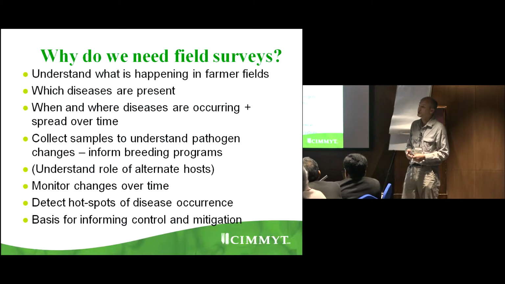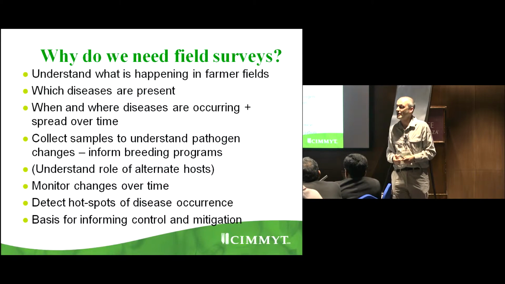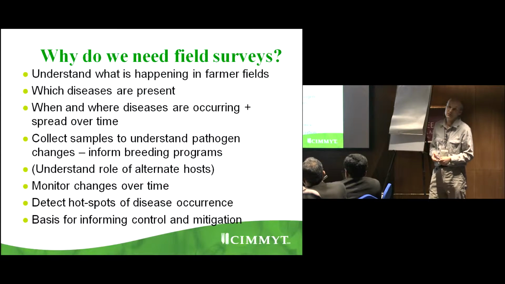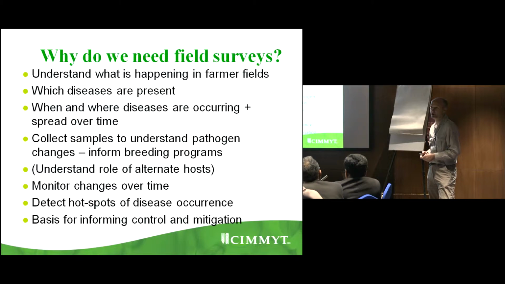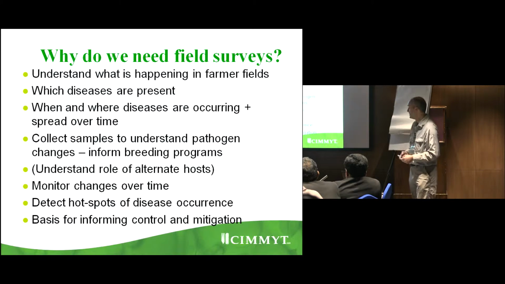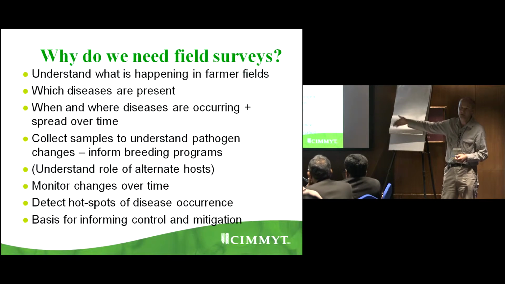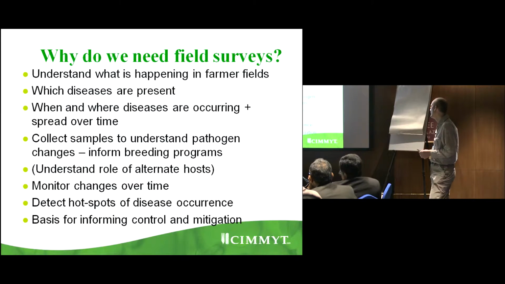Alternate hosts. Today we're also going to see barberry and Mahonia, which are alternate hosts for wheat stem rust and wheat stripe rust. We can also look at changes over time. If you do your surveys every year or every season, then you can pick up how things change over time.